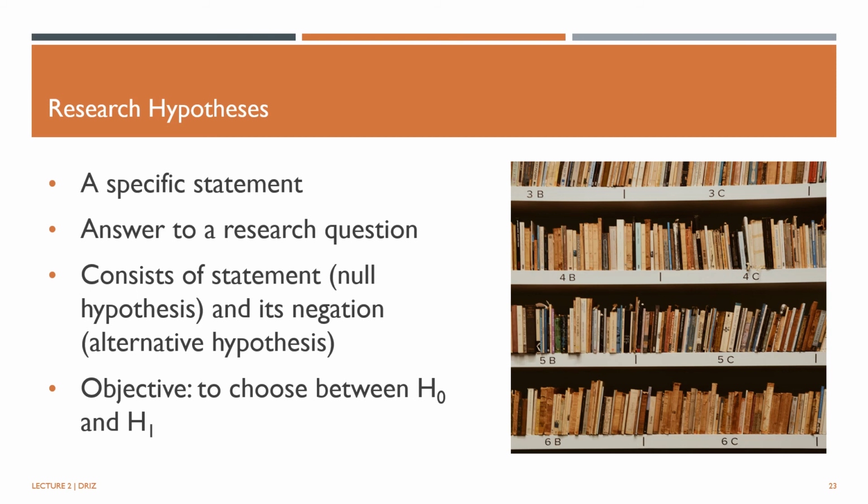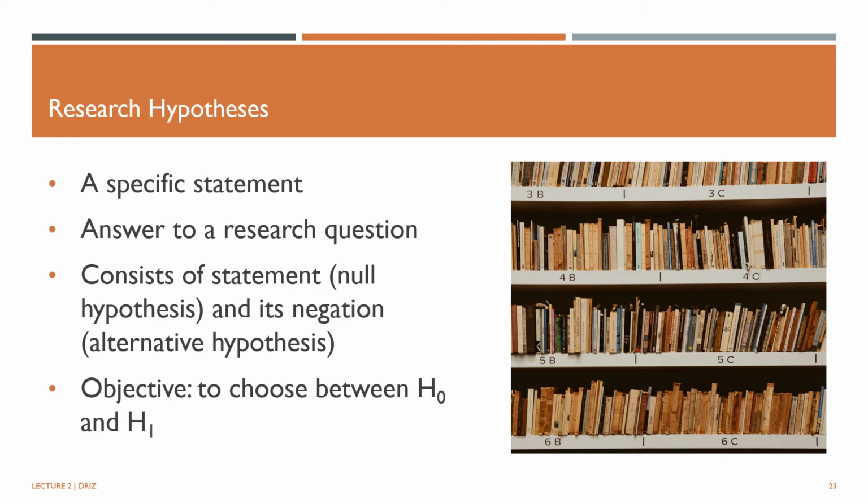Actually, a hypothesis can be thought of as consisting simultaneously of two hypotheses. When a hypothesis says X is related to Y, then its negation is X is not related to Y. One describes your prediction, and one describes all the other possible outcomes with respect to the hypothesized relationship.